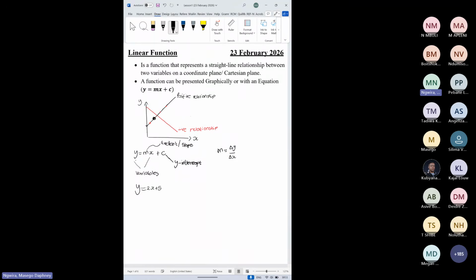We can call this point A, and then we can call this point B. If I move from point A to B, my x value and y value are going to change, because my x value here is not the same as my x value at B. So as I move along this straight line, my y changes and also my x changes. So the gradient is equal to the change in y over the change in x. So if this is my function, then my gradient, which is m, is going to be 2.